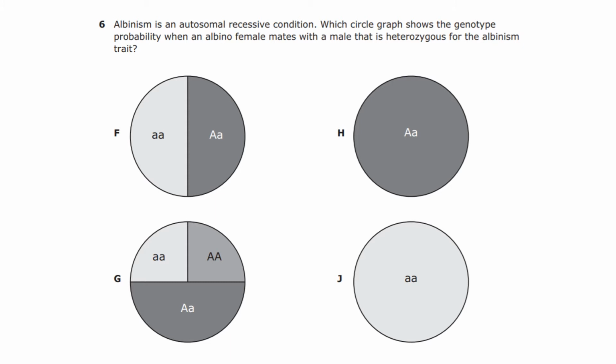Well, even if you didn't know anything about how to read the genotypes to figure out which one was the albino and which one was heterozygous, there's only one circle here that shows 2 individuals, and that is circle F. Circle H shows 1, circle J shows 1, and circle G shows 3.